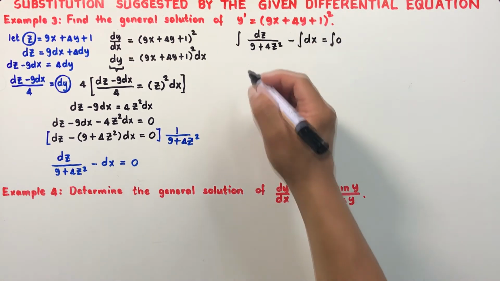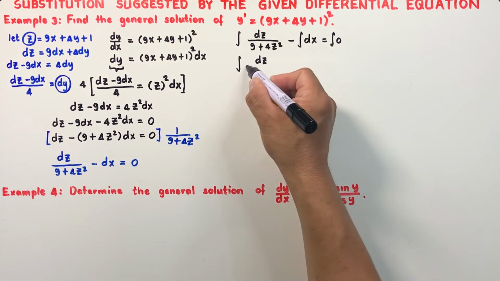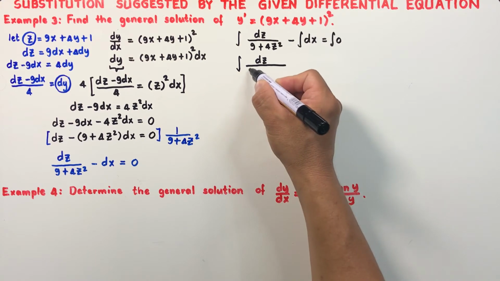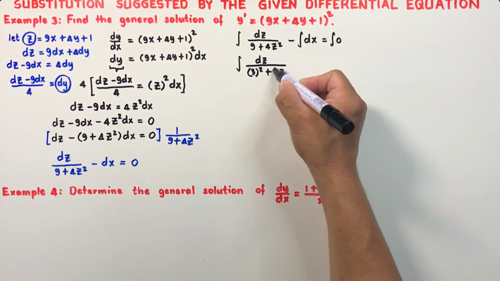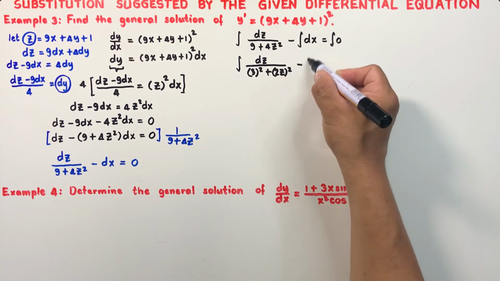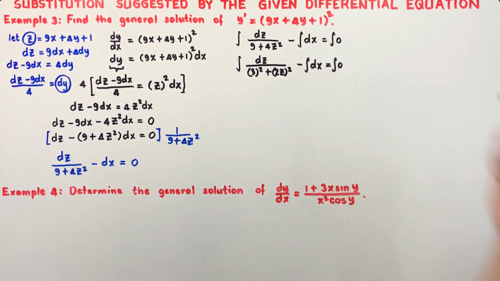And expressing the denominator of this integrand as the sum of two squares, we have 3 quantity squared plus 2z quantity squared minus the integral of dx, which is equal to the integral of 0.